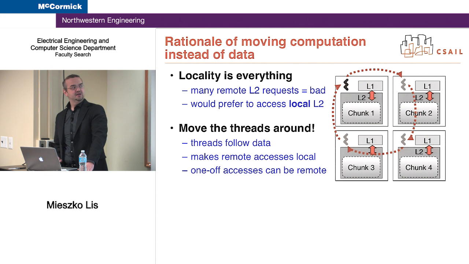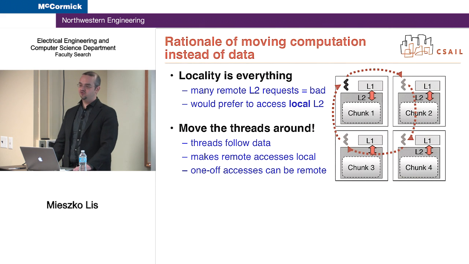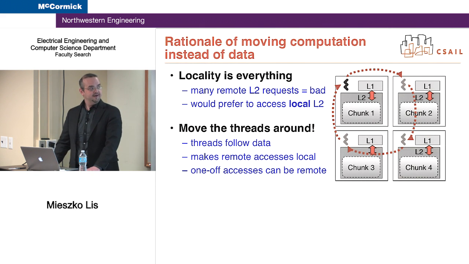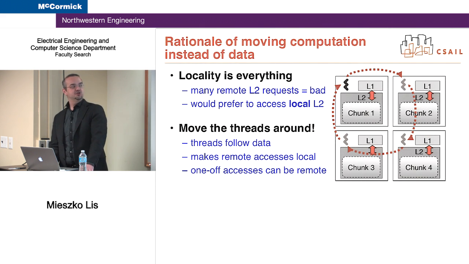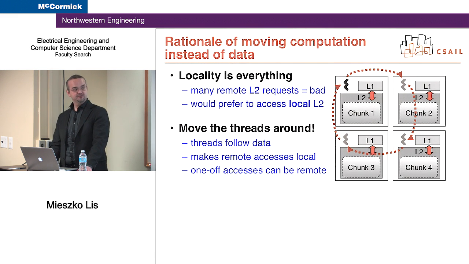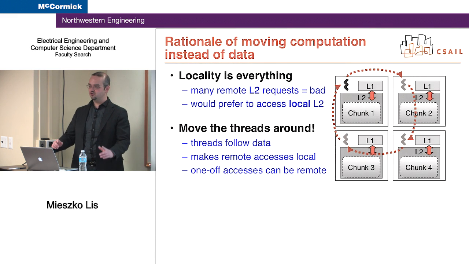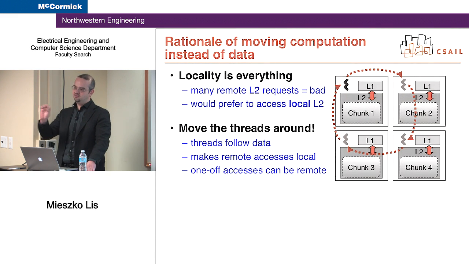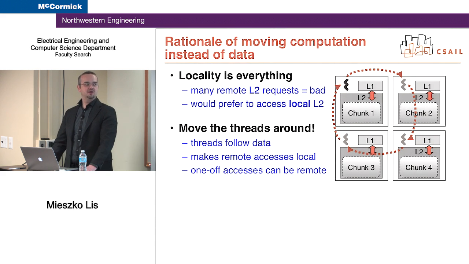But really, the key is that locality is really, really important in these systems. Because if you can turn these remote L2 slice accesses into local accesses, then you can win big time, right? Especially in a chip that is fairly large, has hundreds of cores, the distances become very large, and the delays of accessing this data are pretty long.